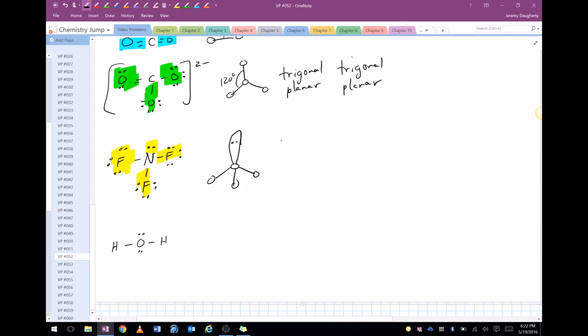So if we're talking about the electron domain geometry, it's tetrahedral because there are 4 electron domains, 4 sides of the box being occupied. But if we talk about molecular shape or molecular geometry, now we're only describing the atoms. So now we're only describing this shape right here. And that shape is a trigonal pyramid. It's a 3-sided pyramid.